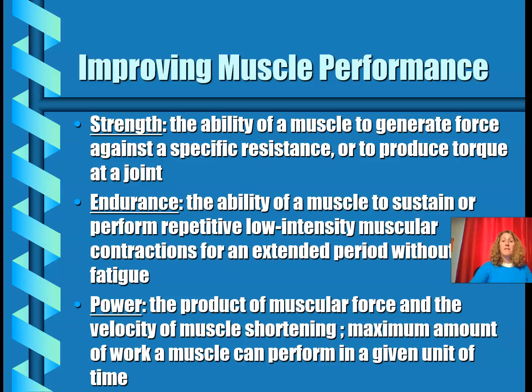Endurance is the ability of the muscle to perform a lot of low intensity muscle contractions for an extended period of time without fatigue. And then power is the ability of force to happen with a lot of speed, with a lot of velocity. So it's a lot of work in a particular measure of time.